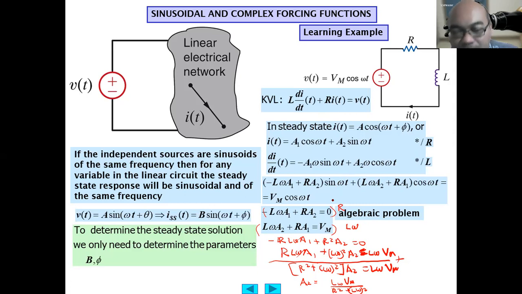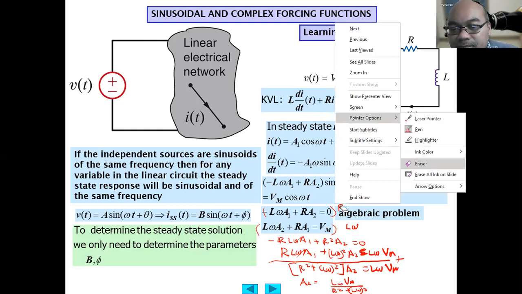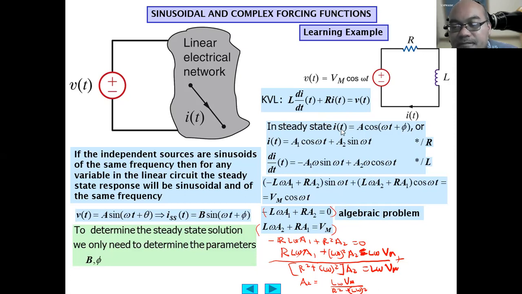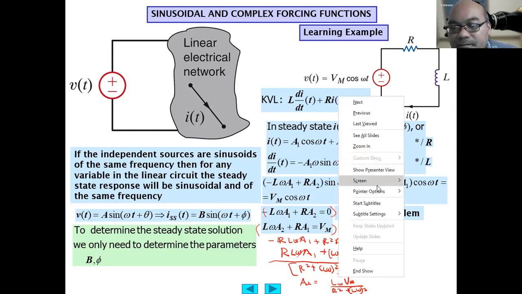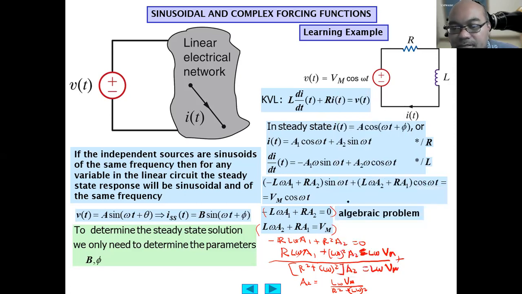we multiply vice versa now. This will multiply by negative L omega. Okay. Here negative L omega.